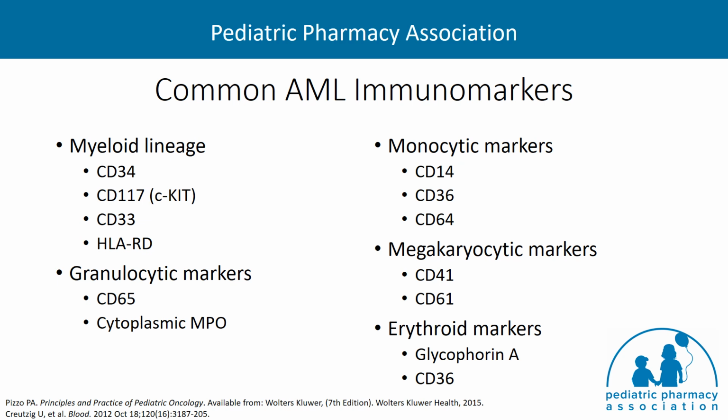These immunophenotyping results ultimately are helpful in differentiating between myeloid malignancies and other types of leukemia. So on the left-hand side of your slide, listing out some of the myeloid lineage markers. And then on the right-hand side of the slide, listing off some of the various markers denoting the different types of AML, like we had talked about in the earlier classification systems.